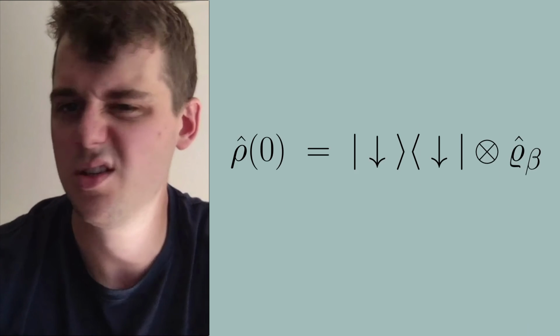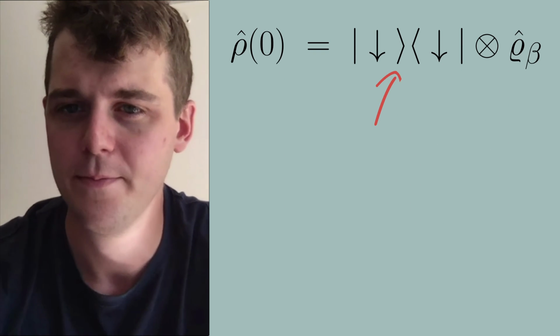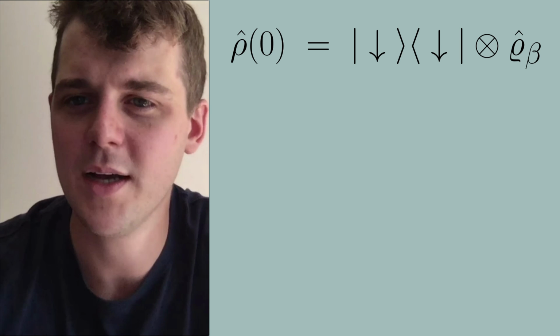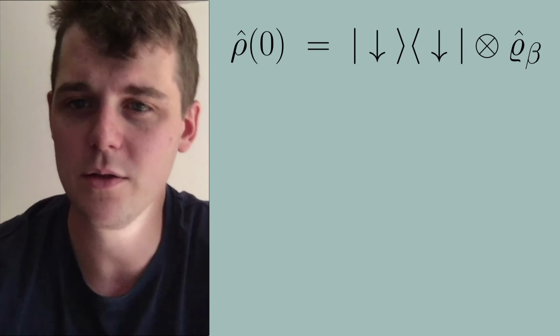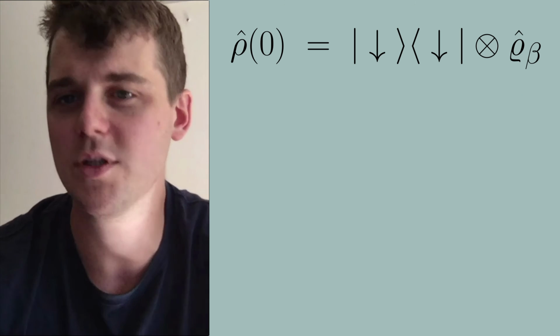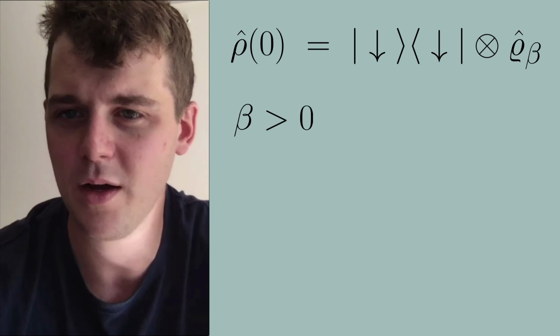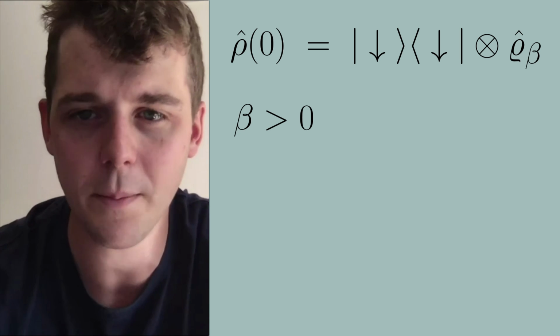So what we're going to do, keeping with the above framework, is ask the qubit and the bath to start out in some uncorrelated state. So just to be specific, we'll ask the qubit to start out in its ground state. And we're going to ask the field or the bath to start out in some thermal state at some inverse temperature beta. So I'm going to just denote that thermal state by rho subscript beta.